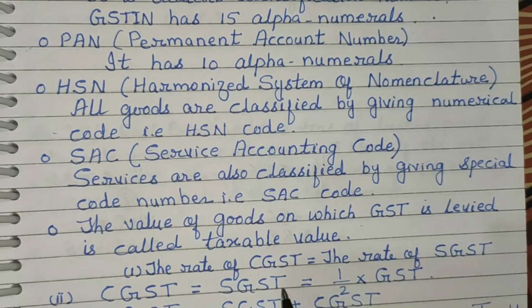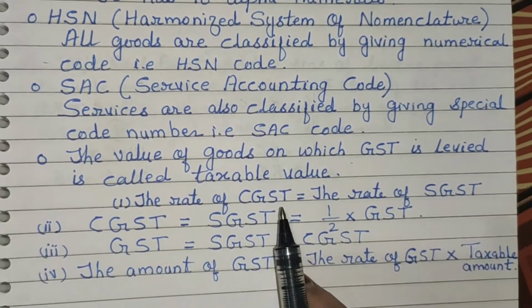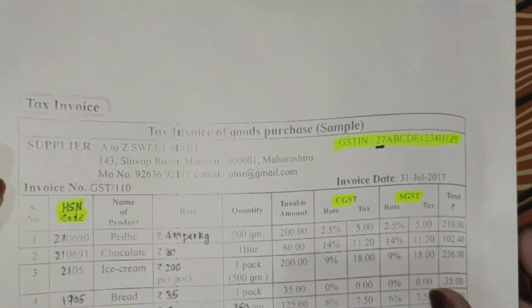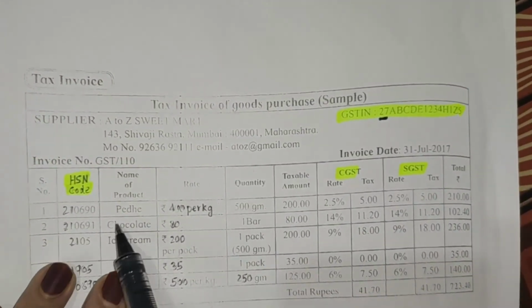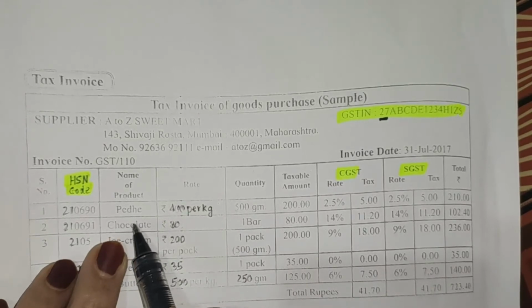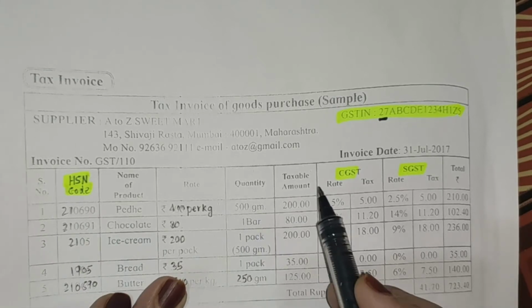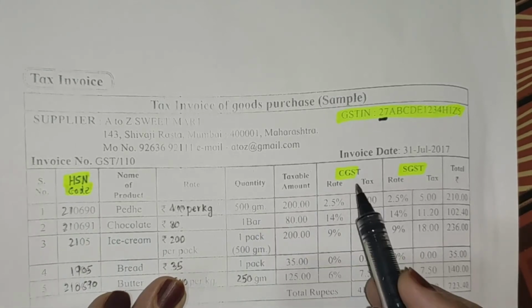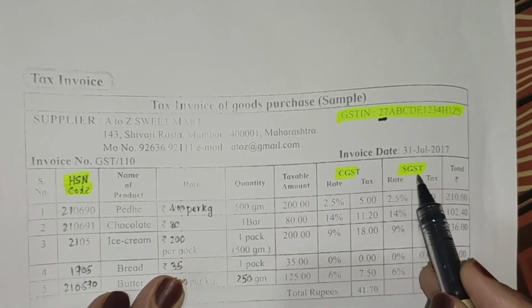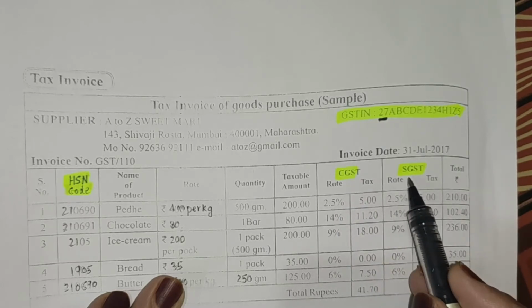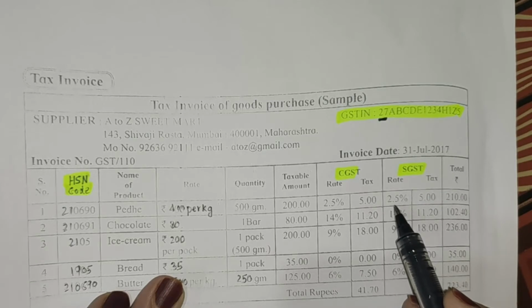The rate of CGST is equal to the rate of SGST. Now look at this. Now the first product is Pede. Rate is 400 per kg, quantity 500 gram, taxable amount is 200. Now CGST, SGST. The rate of CGST is 2.5. Now look at here. The rate of SGST is also 2.5.